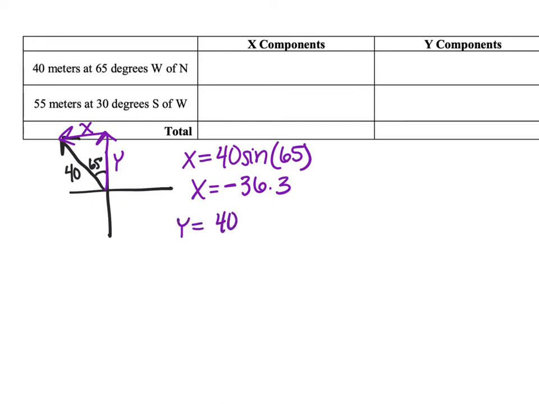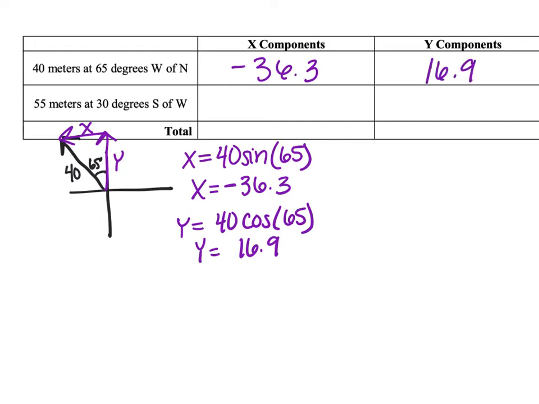So it's going to be 40 cosine 65, and it's going to equal 16.9, and since that vector is headed north, we're going to leave that positive. So now we can put those numbers up in our chart: negative 36.3 and positive 16.9. Okay. Moving on to the next one.